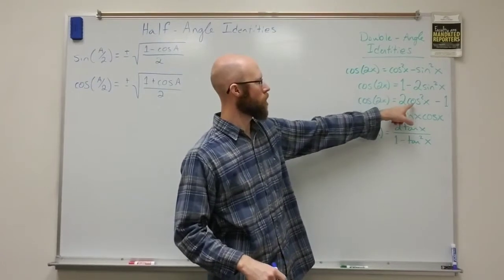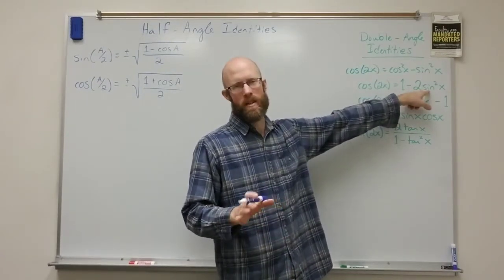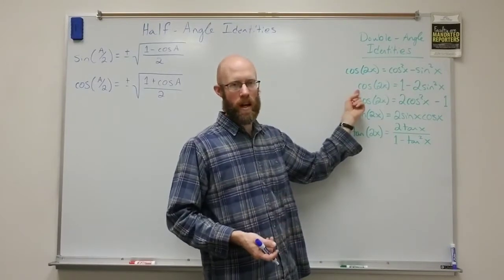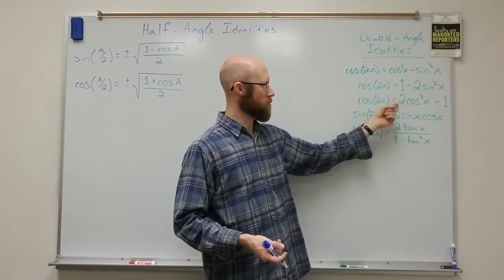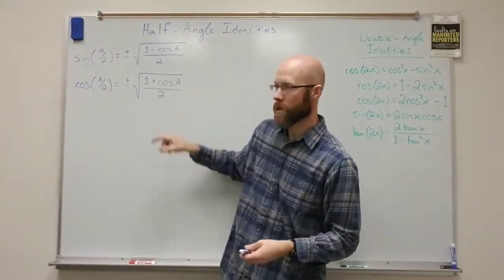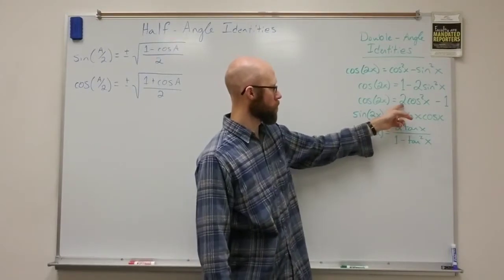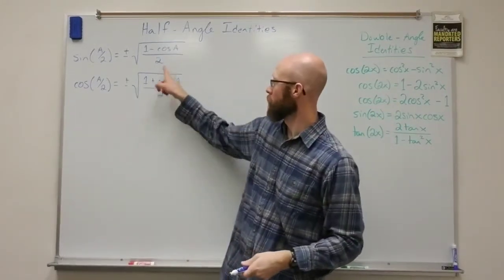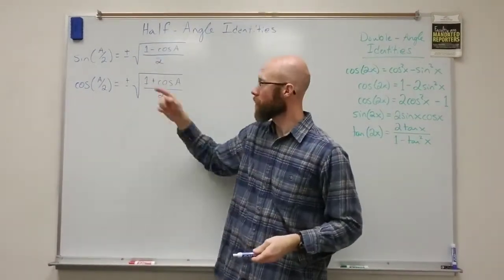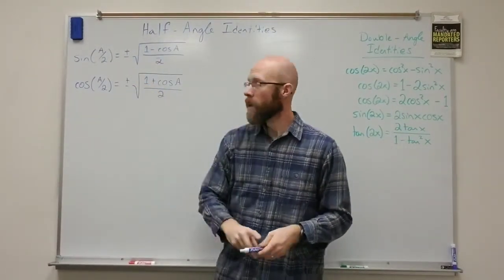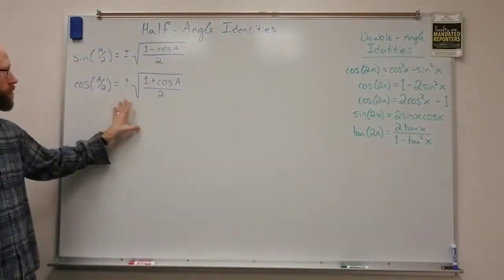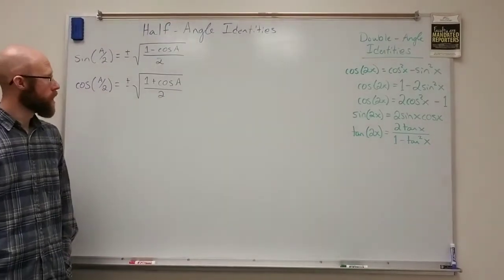When you solve for this sine, it makes this cosine change sign. Here, it doesn't because it's positive to begin with. So here the cosine is negative, here the cosine would be positive. And then you divide them both by 2, right? They both have the 1 in there, and then they both have to take the square root. Okay, so when you solve those, that works out pretty nicely.